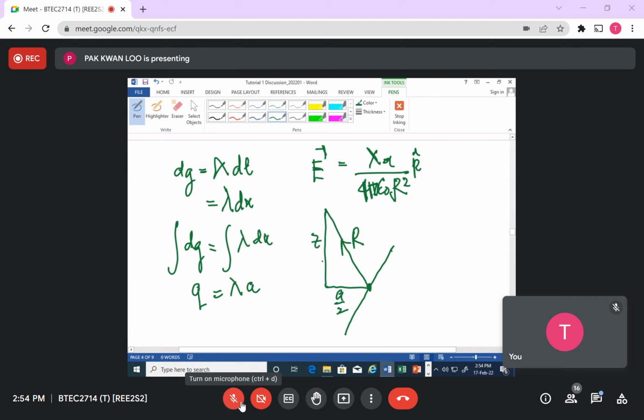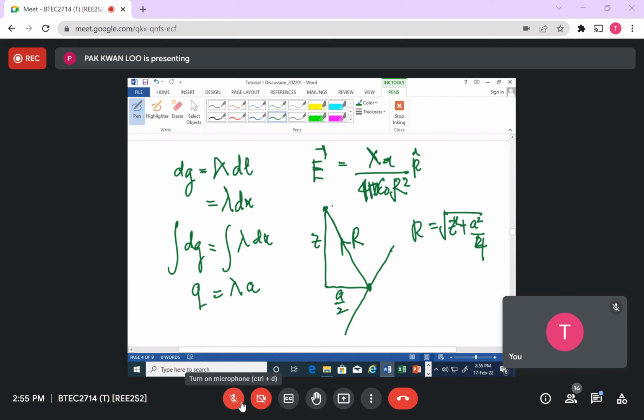And then you substitute this r as square root of z squared plus a squared over 2, a squared over 4. What's wrong with that is, first you find the entire charge of the length, and then you assume that this charge is concentrated at this point and contributes the electric field at this point. Which is not right.